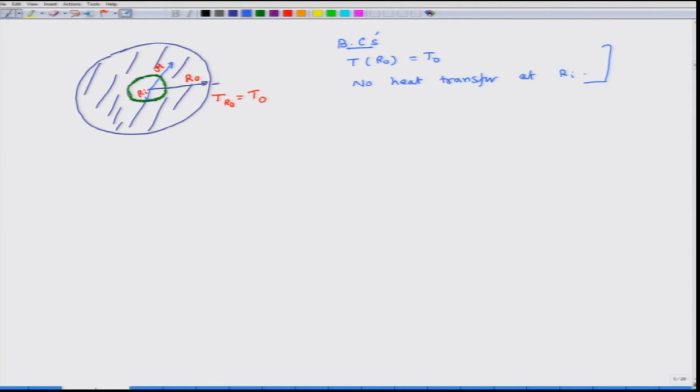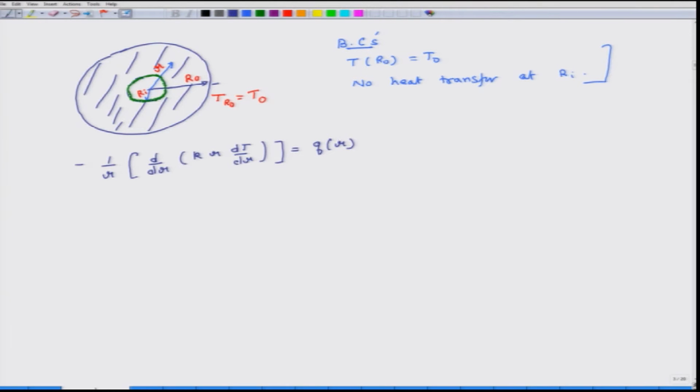Now, the governing differential equation for this kind of system is: minus 1 over r, d by dr of k r dT over dr, is equal to q.